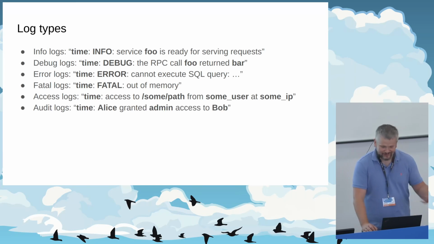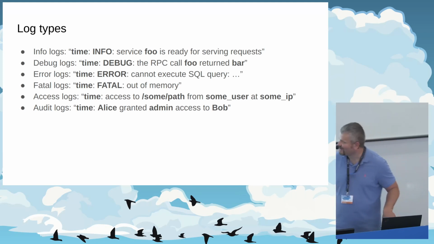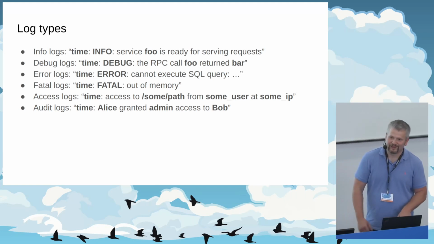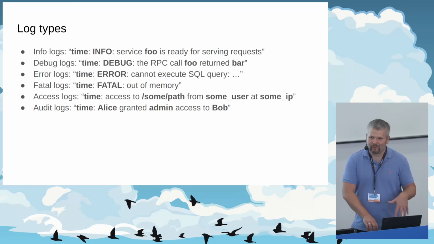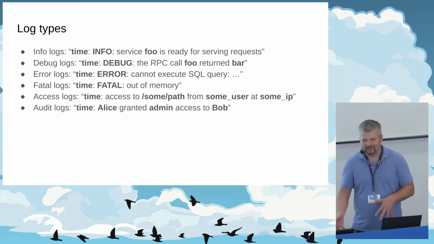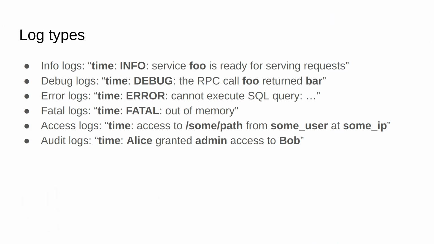There are audit logs which are used for logging some information about changes performed by users in the system. And these audit logs help investigating some problems in the future related to users' interaction and user actions in your system.